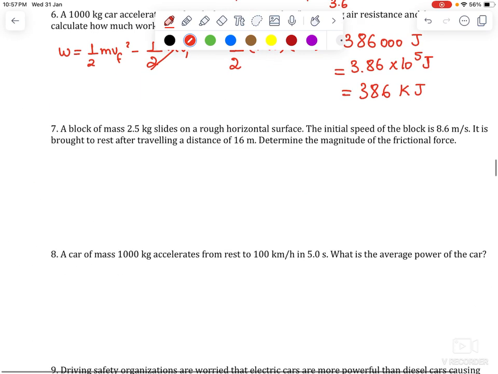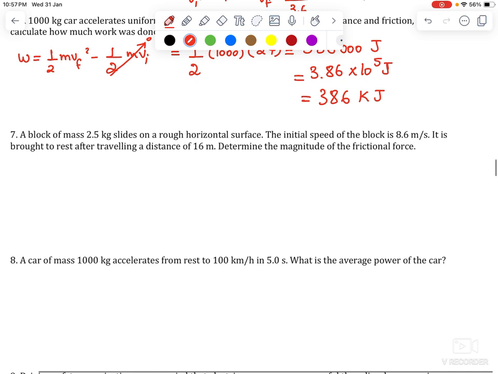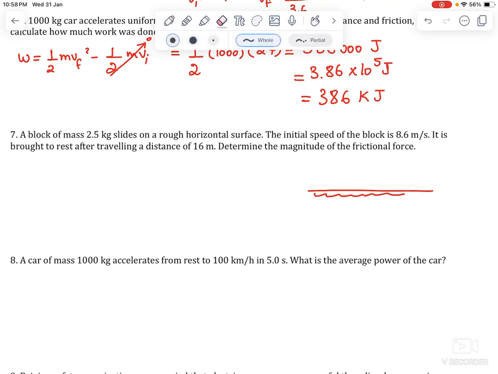Number 7, I have a block of mass 2.5 kilograms that slides on a rough horizontal surface. The initial speed, so here I have my rough, very rough surface. So let's imagine we have a rough place here.